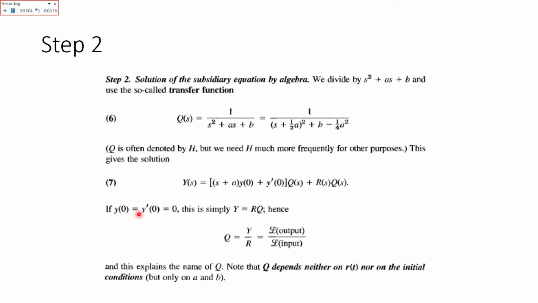Now y of 0 and y dash of 0 are 0, so y is basically equal to rq. Here you can say that q is equal to y over r. Y is basically the output and r is basically the input, and this explains the name of q: q depends neither on r naught nor on the initial condition, but it depends upon the constants which are a and b.